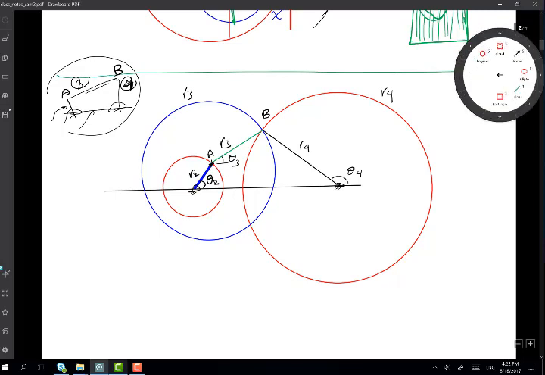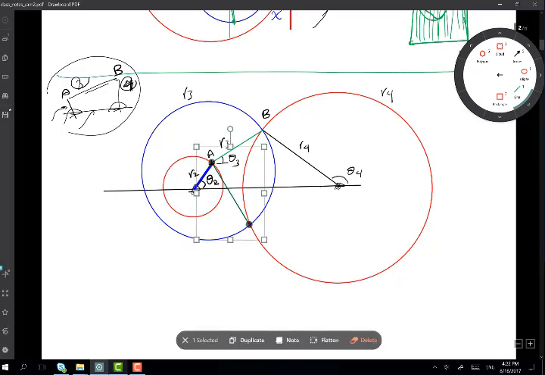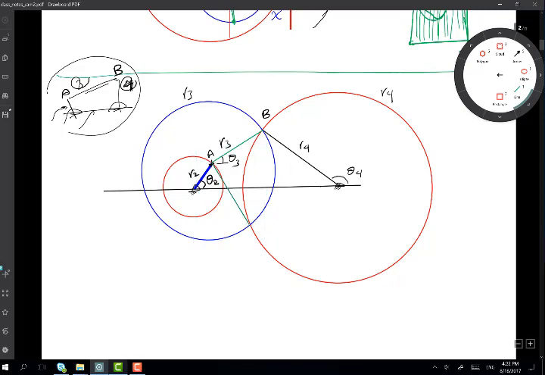So I draw a straight line. I need one straight line here for R3, and maybe another R4 would be that, right?